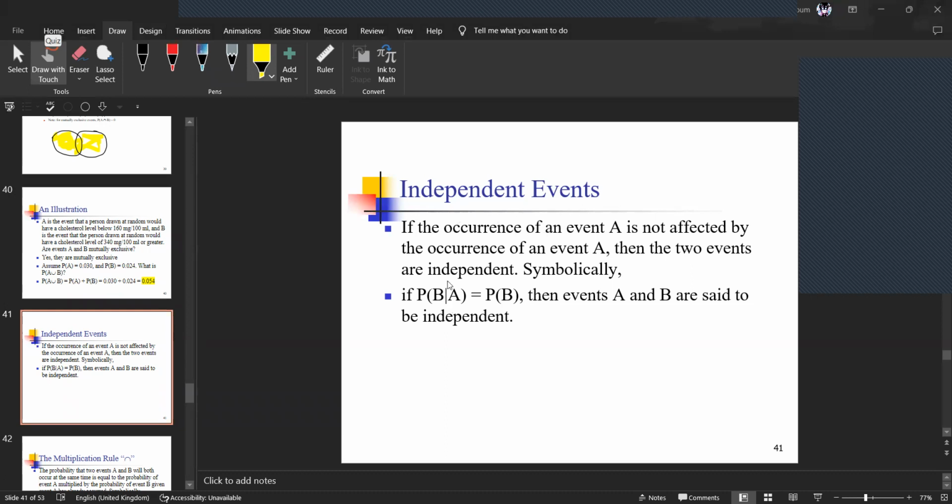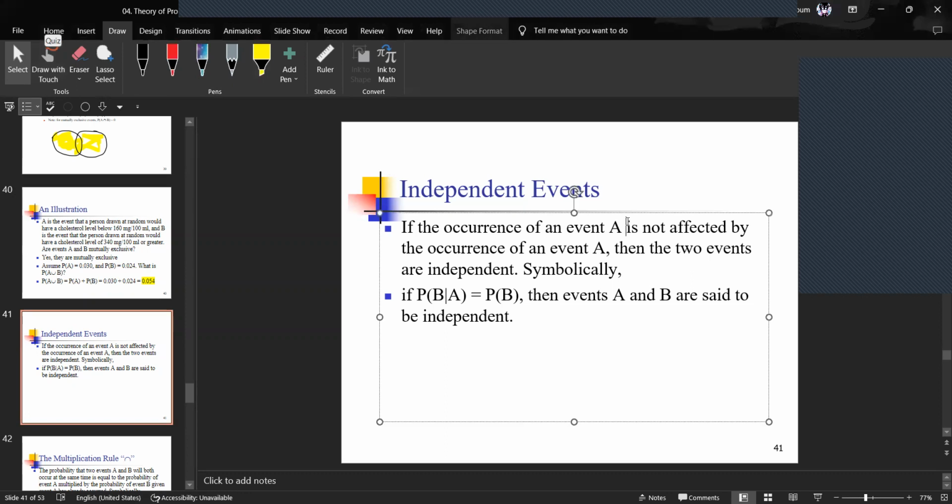For independent events, if event B is not affected by event A, then they're definitely independent.